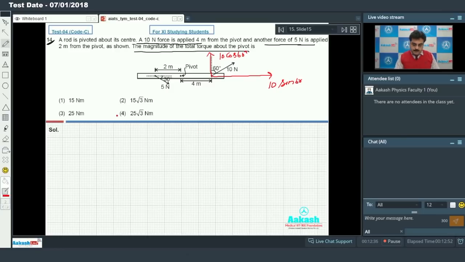Similarly, the component of 5 Newton in negative y is 5 sine 30, and the other force along positive x axis is 5 cos 30.